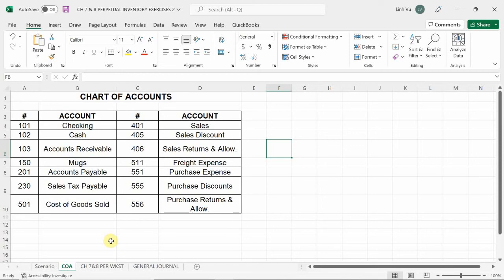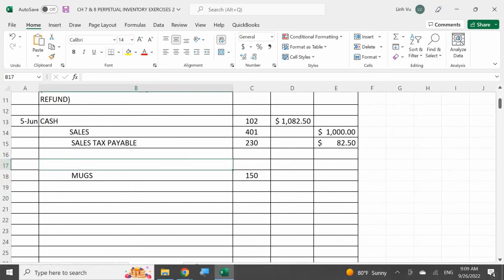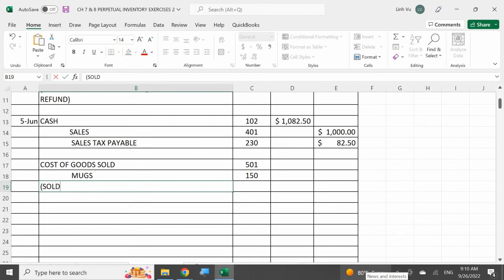Would it be your cost of goods sold, right? We need to calculate how much it costs me to sell those 100 mugs. So in this case, account number 501. Good. Okay. And here you go. We're going to go ahead and say sold 100 mugs.